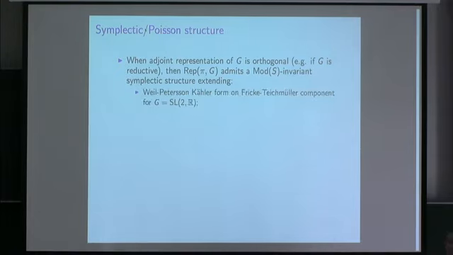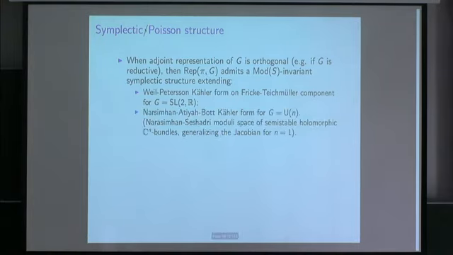When G is SL2R, then, as I mentioned, the Fricke space of hyperbolic structures, which identifies with Teichmüller space, is a component of the space, and the Weil-Petersson Kähler form is a special case of this general construction.